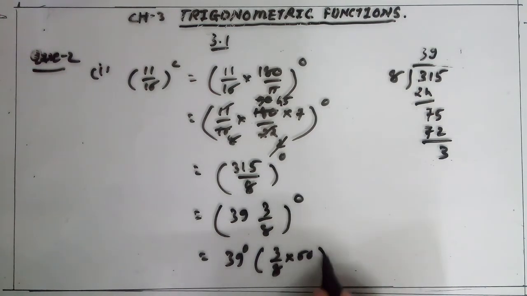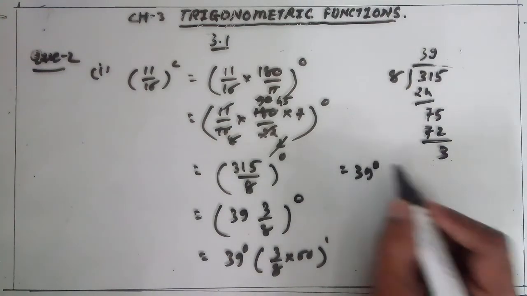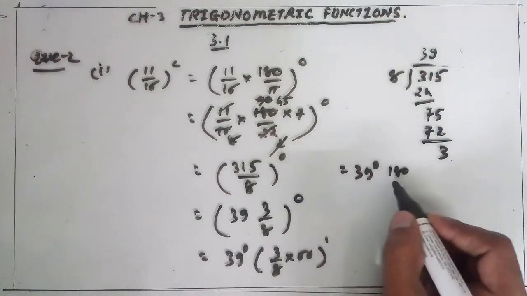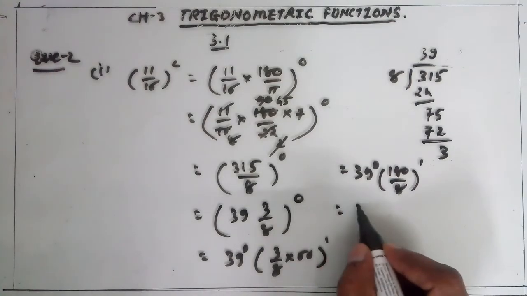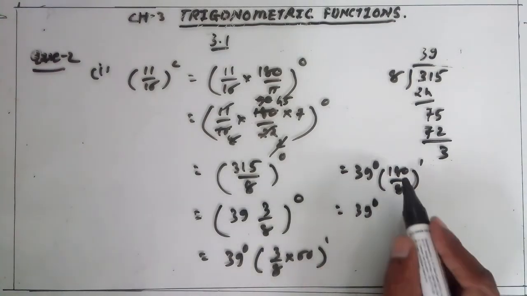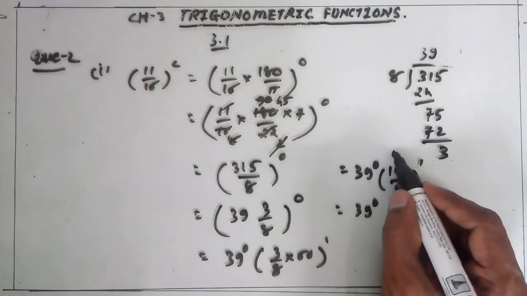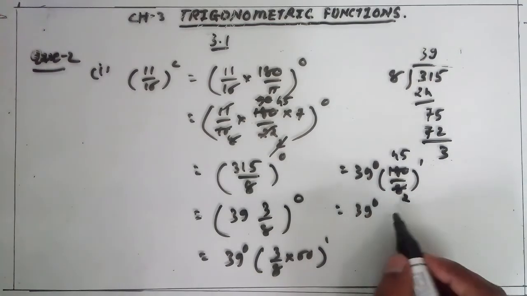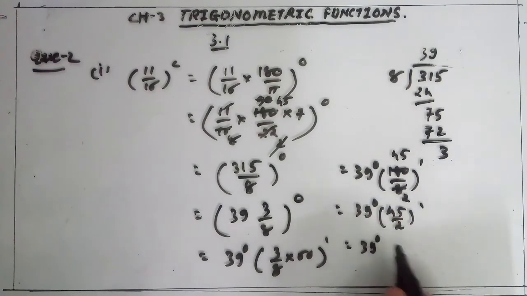So it is equal to 39 degree. Product of these two is equal to 180 upon 8 minute, is equal to 39 degree. 180 upon 8 becomes 45 upon 2. So 45 upon 2 minutes. So it is equal to 39 degree.